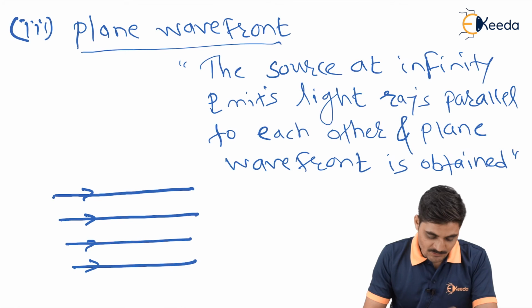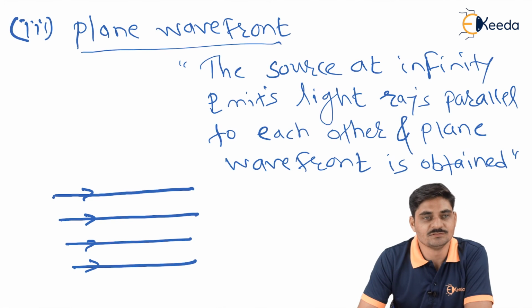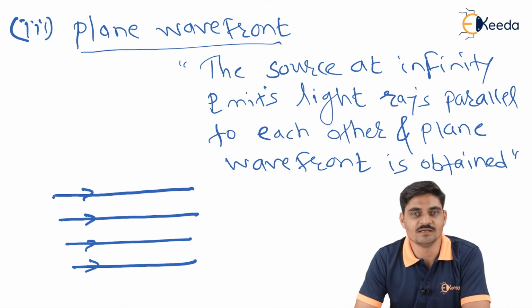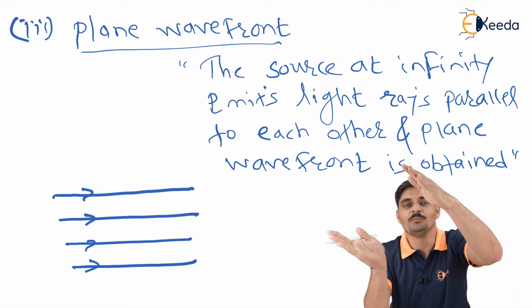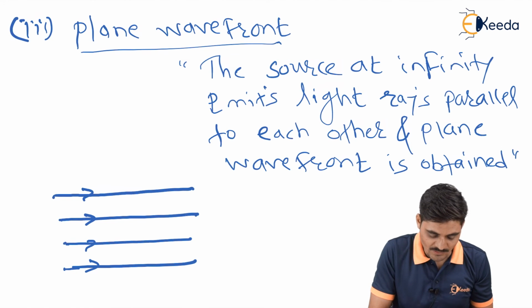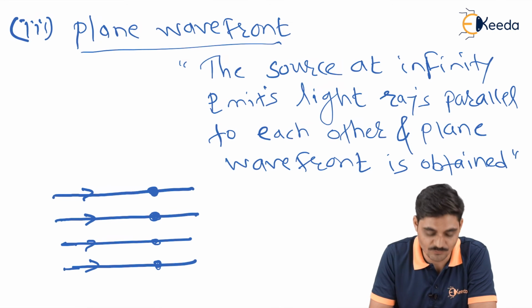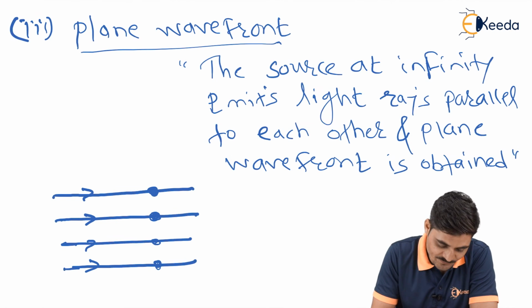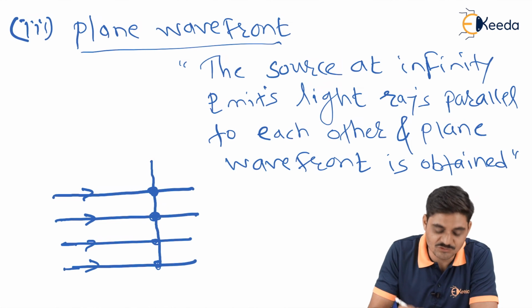So when source is at infinity, light travels so much distance that, in the diverging situation, it appears to us like they are parallel. And now, if we mark the points where light reaches simultaneously, as per our definition of wavefront, then there will be a plane passing through it.